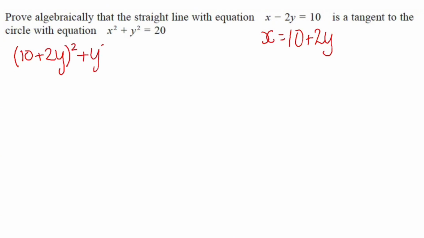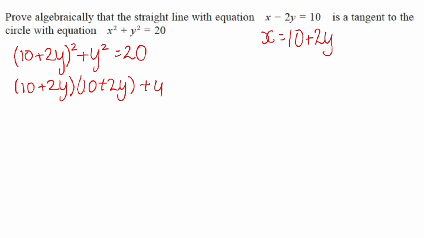y squared equals 20. So we are going to solve this, firstly by expanding this double bracket out and collecting the like terms. So we have got 10 plus 2y, close brackets, and 10 plus 2y, plus y squared equals 20.